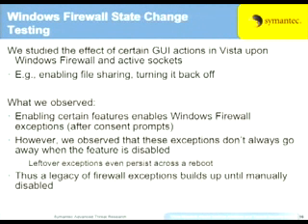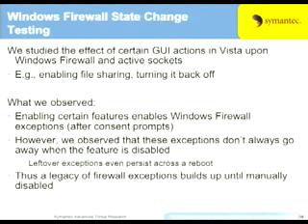We also wanted to find out how certain GUI actions in Vista affected the Windows firewall and the active sockets. For example, what happens if you turn on file sharing, then turn it back off? What we observed is that certain features, when they're turned on, create exceptions in the firewall, after consent prompts.